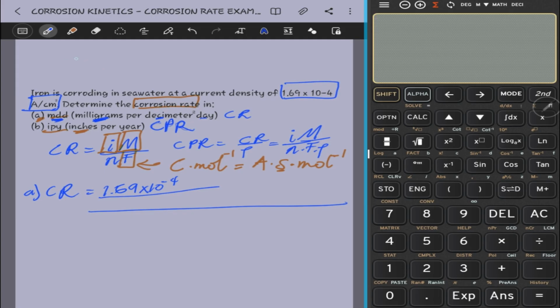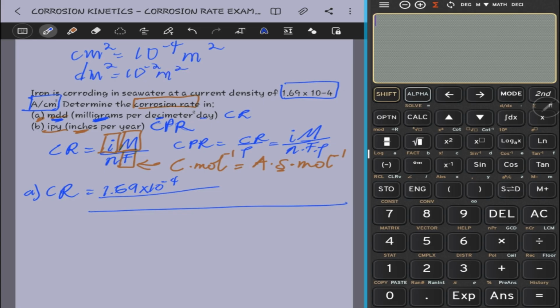So centimeter squared is the same as 10 to the power minus 4 meters squared, and decimeter squared is the same as 10 to the power minus 2 meters squared.